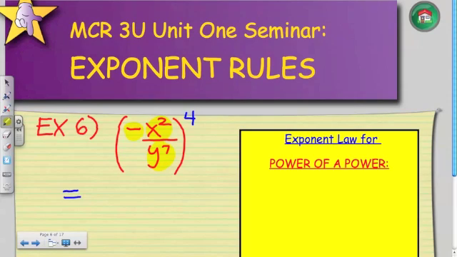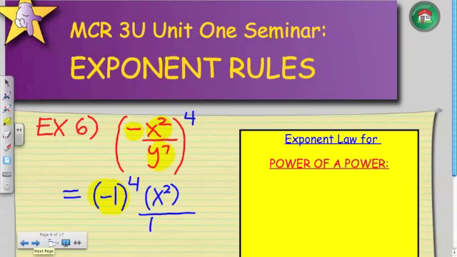Now, what number does the negative sign represent? What specific number could I write in there? Does anyone know? Samita? -1. Good. So I can take my -1 and apply the positive 4 to that. And now I have x squared over y to the 7 that I can apply my positive 4 to.